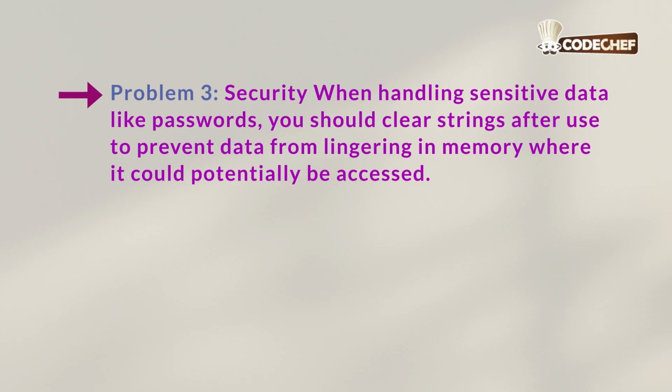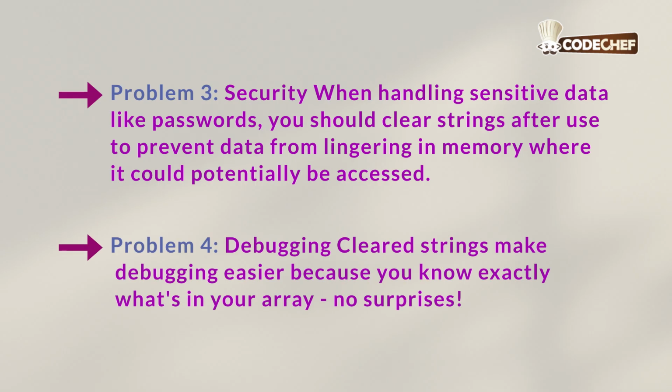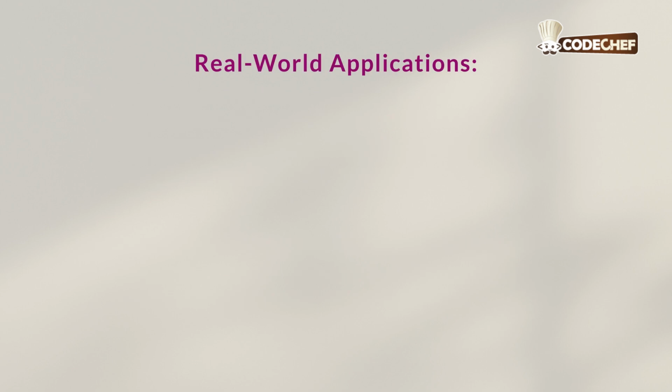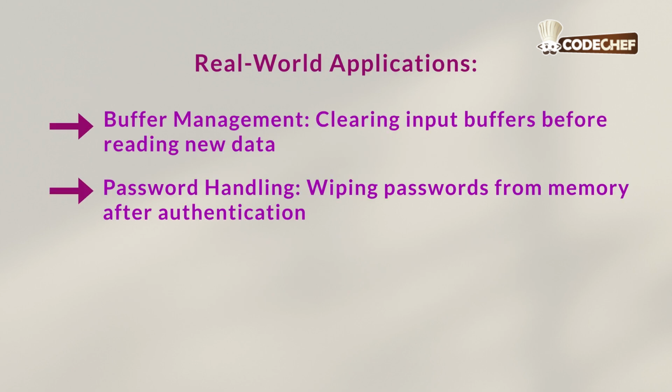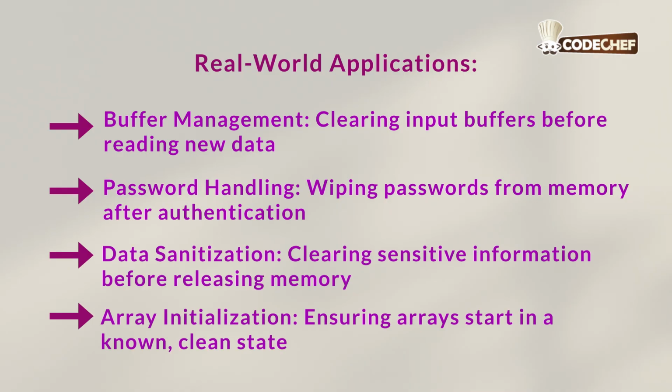Problem 3 is security. When handling sensitive data like passwords, you should clear strings to prevent data from lingering in memory, where it could potentially be accessed. Problem 4 is debugging. Cleared strings make debugging easier because you know exactly what's in your array. The real world applications are buffer management, password handling, data sanitization, array initialization.